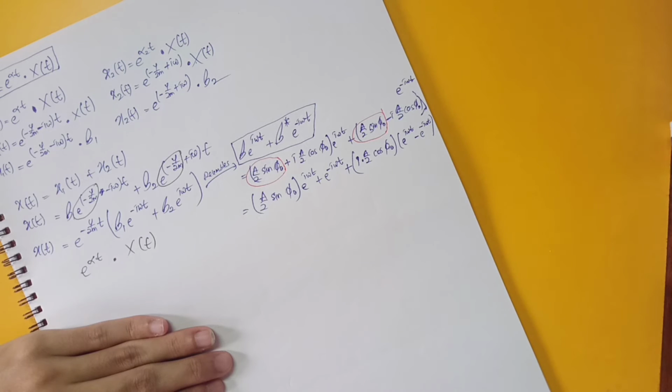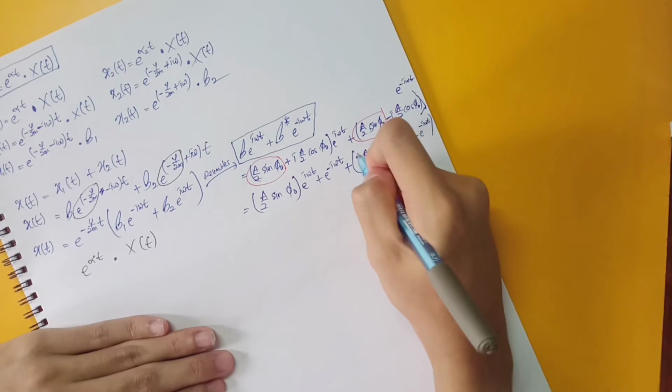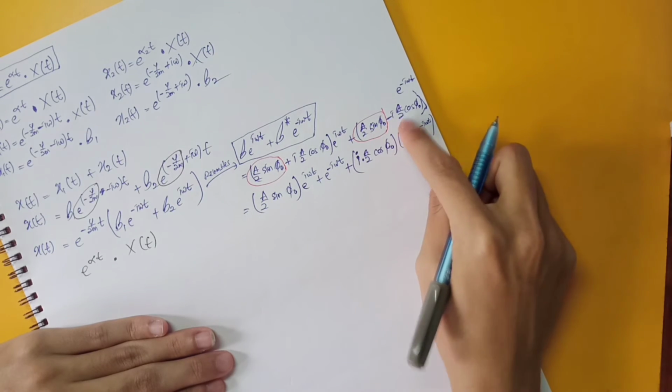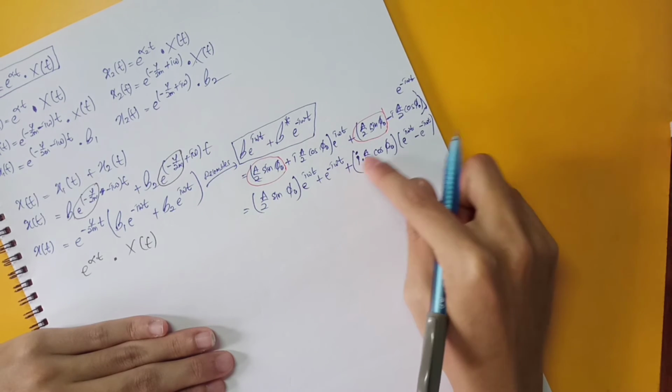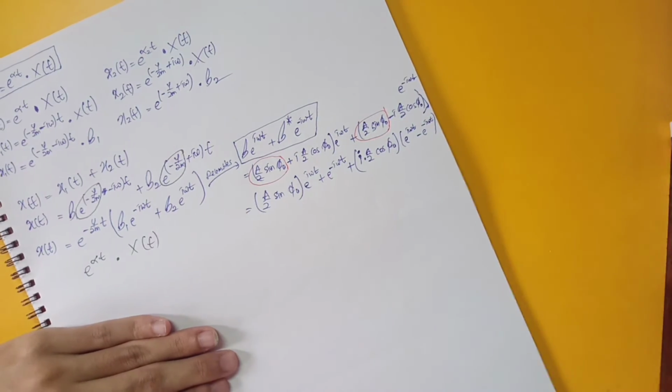Hold on, I need to think back. It's the same, right? I times a over 2 cos pi naught, which is plus here and then minus here. So far so good. Right now let's look back.